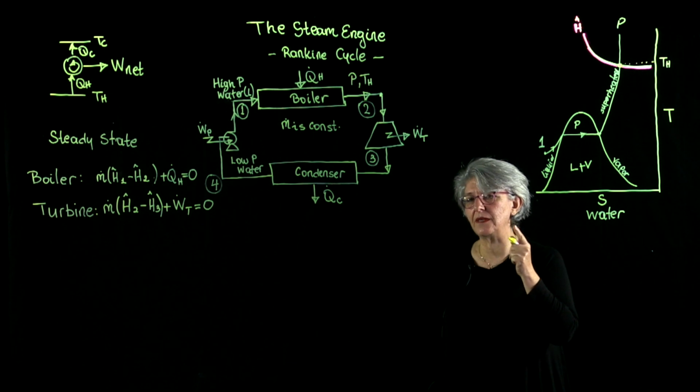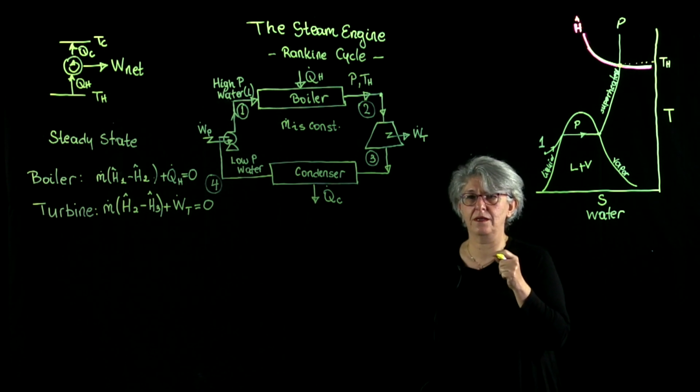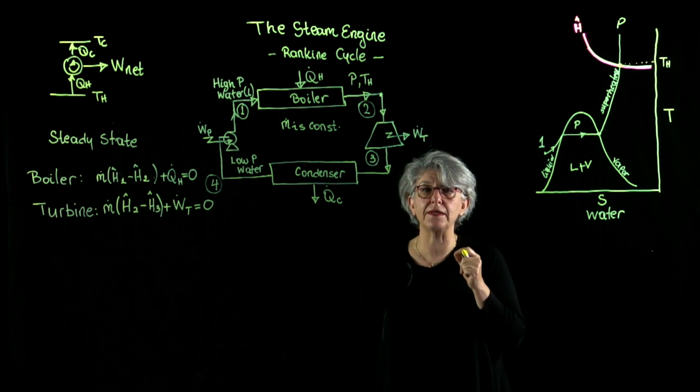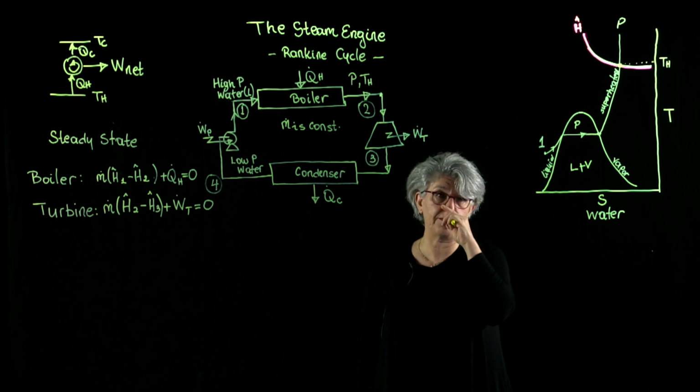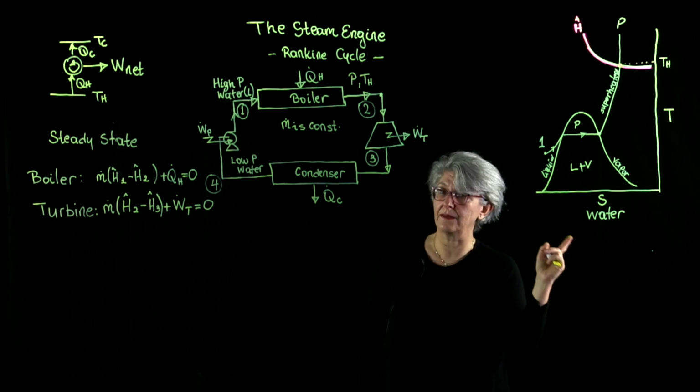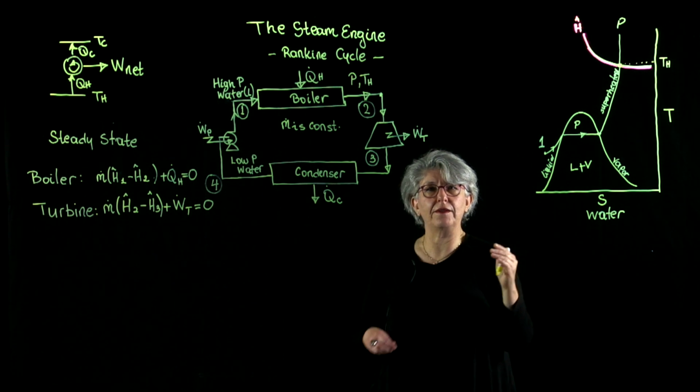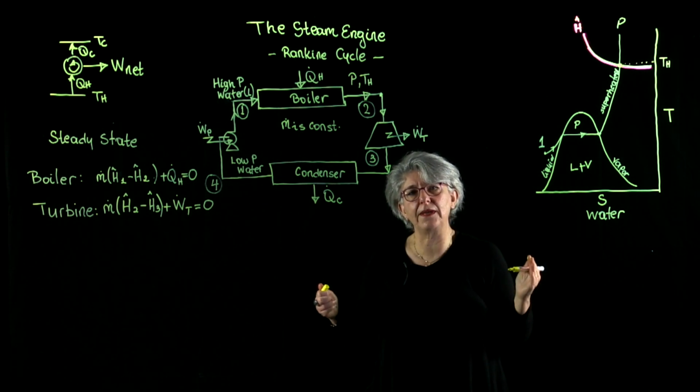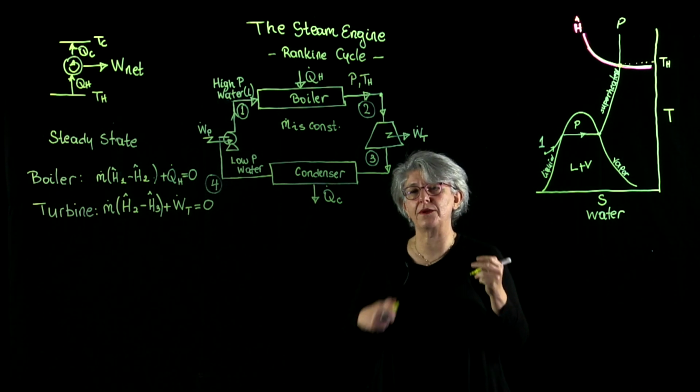Now, the limiting condition of the turbine would be a reversible operation. Limiting in what way? Limiting in the performance way, that everything is working so perfectly that our turbine is operating reversibly.